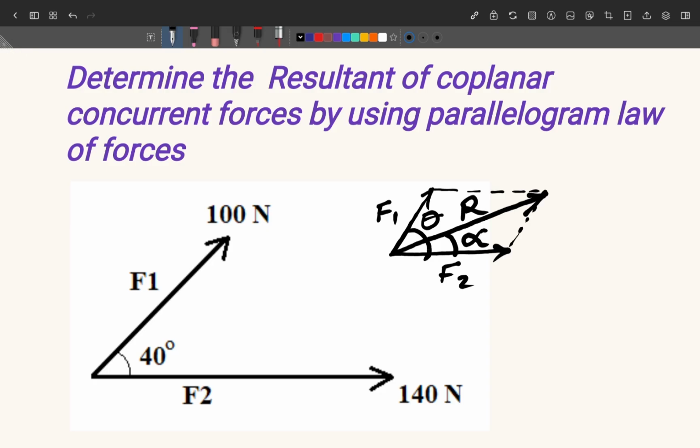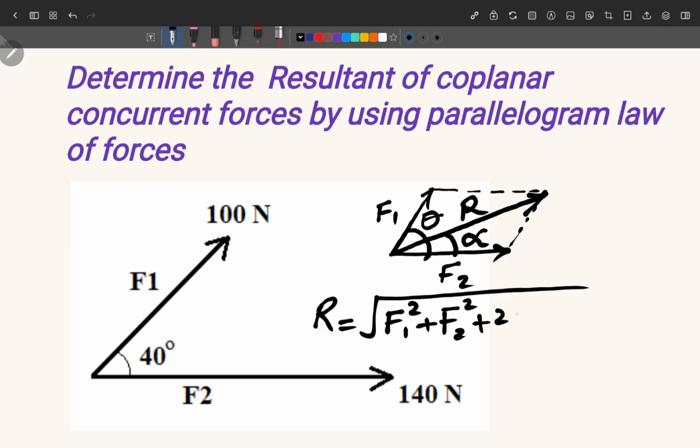Now, what is the formula for this resultant? That we can also write here, which can be derived easily by completing this parallelogram and applying its properties. So R is equal to the square root of F1 square plus F2 square plus 2 F1 F2 cos theta.